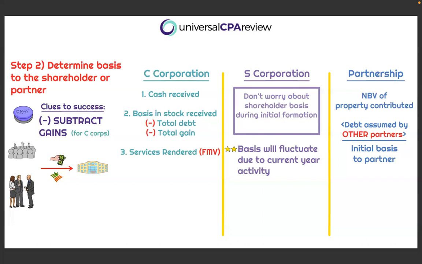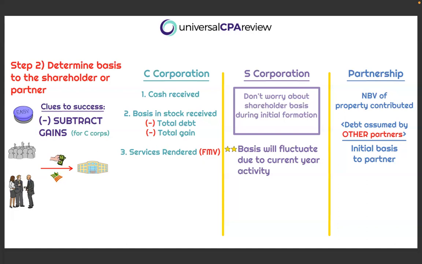Okay, so when you're thinking about S corporations, we're not going to worry about this as much during the initial formation. Where the shareholder's basis is really going to get impacted is during the current year activity. Income will increase the shareholder's basis because this is a pass-through entity. If the company makes money, ordinary income, all that income is going to get passed through and taxed to the individual at their individual 1040 level.